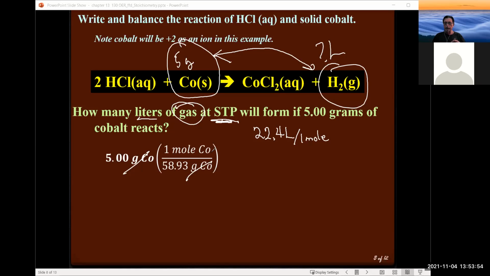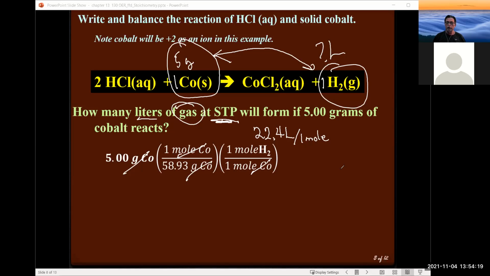Okay, that's how I can get into moles of hydrogen. Okay, because from the balanced chemical equation, it's simply a 1-to-1 relationship. Okay, but I put these up here because I want to follow my units and I want to make sure I've got this set up properly.